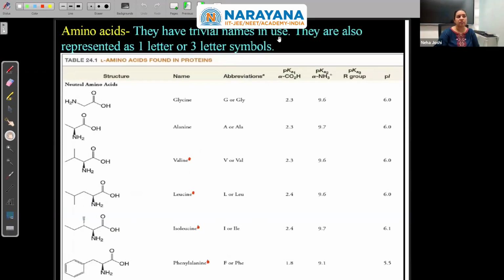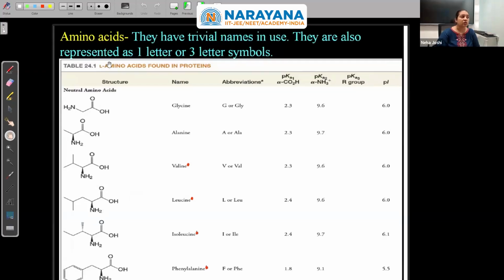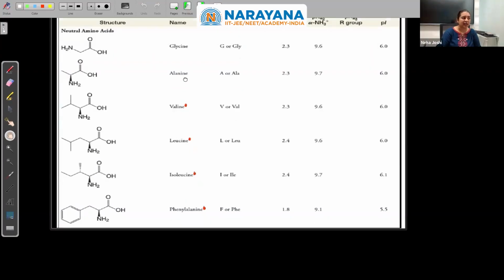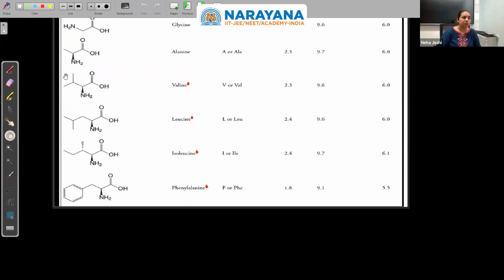And yes, these are all the amino acids. They have trivial names in use. They are also represented as one letter or three letter symbols like glycine, G or GLY, alanine, A or ALA, valine, with an isopropyl group. Okay, leucine, isobutyl, isoleucine, secondary butyl.